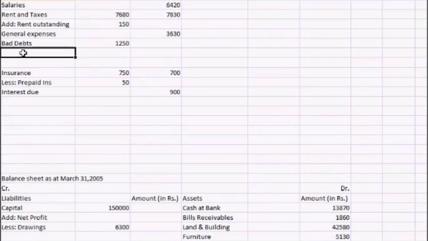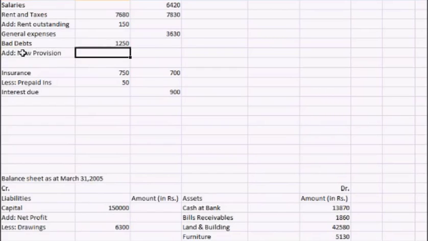So what we do in bad debts is we'll add the new provision and deduct the old provision, because the new provision already incorporates the old provision. So we are just adding the new provision and deducting the old provision, so there shouldn't be repetition of the same amount, or what you can say is double counting.